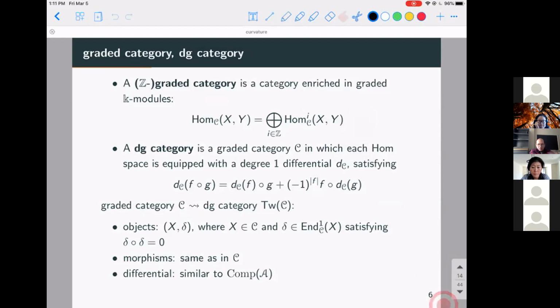And this TW operation, given a graded category C, it spits out a DG category, TW of C, whose objects are pairs: just an object in the original category together with a degree 1 endomorphism satisfying that squaring to 0. Okay, so if you set C to be Z-graded objects in an additive category, then this is exactly what we were doing before.